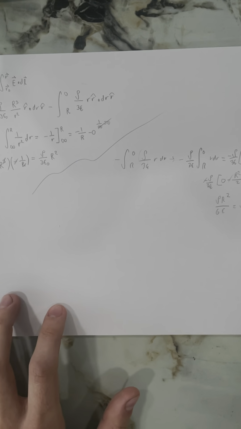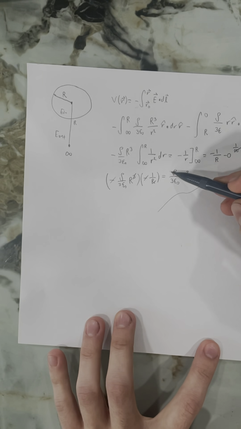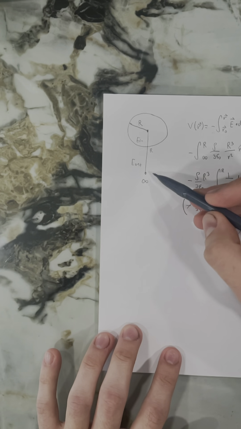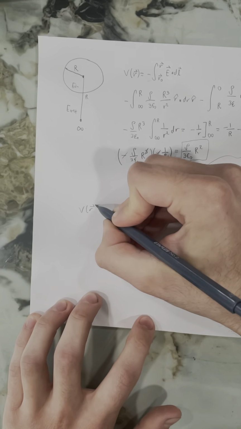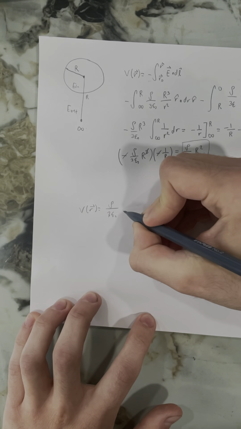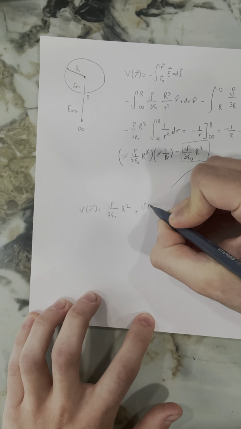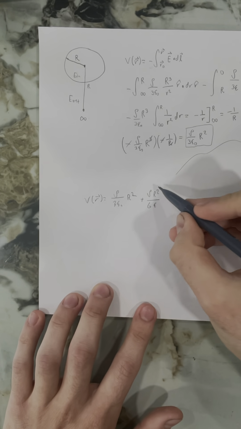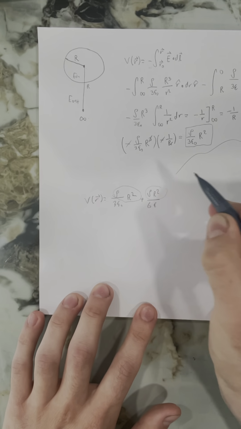And so if we combine the inside and the outside electric potentials, we are able to get the electric potential from infinity all the way to the center of the sphere. And so to do that, we just have to write them both out and sum them together using superposition. And so they're pretty similar. There's a lot of terms they have in common with each other. As you can see, the free charge density and our capital R squared are the same.